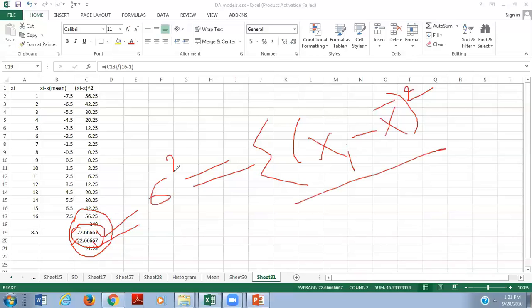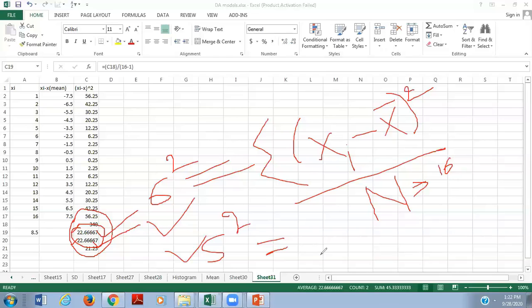This is the population variance, divided by n, right? If it is n, then it should be 16 only. And if it is sample variance, then instead of this, it should be small n minus 1, that is 16 minus 1.